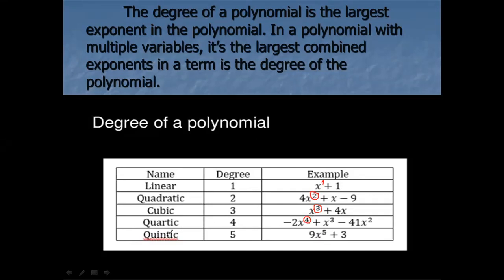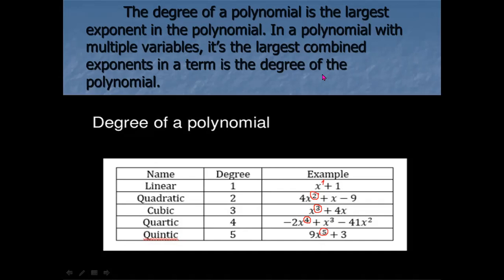And we have here quintic, quinta, penta, meaning 5, so the highest power is 5. Again, the degree is determined by the highest power of the term, and if there are multiple terms, then we combine the exponents of each variable. Okay, that is very clear.